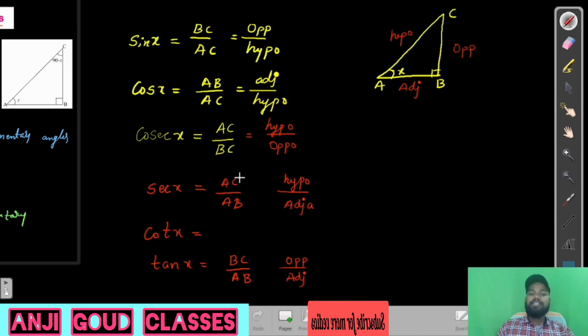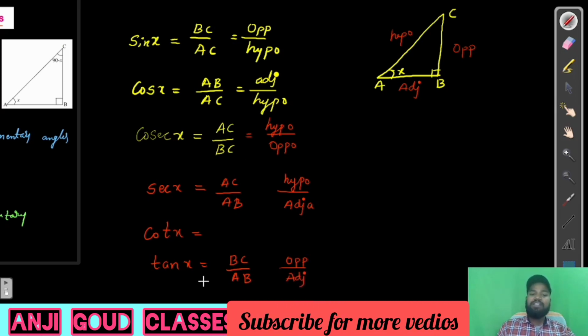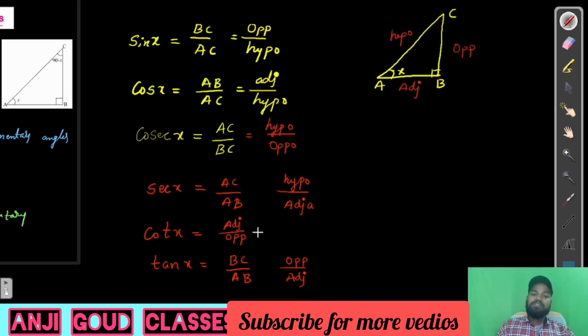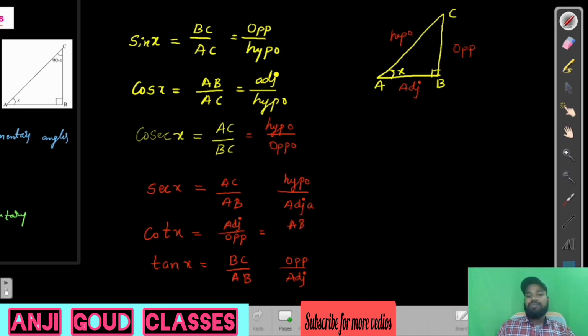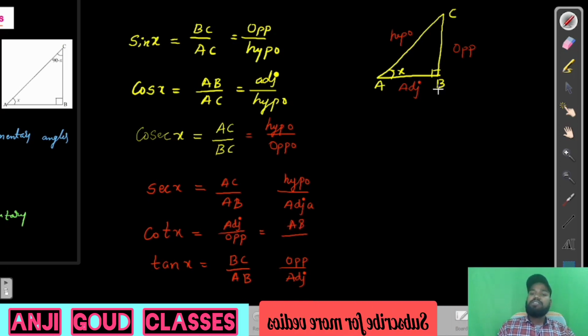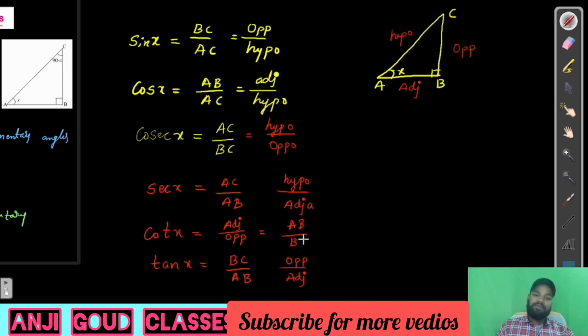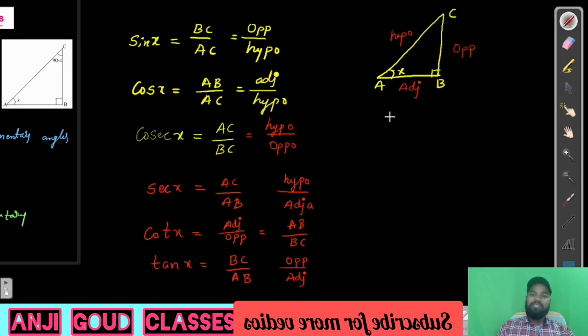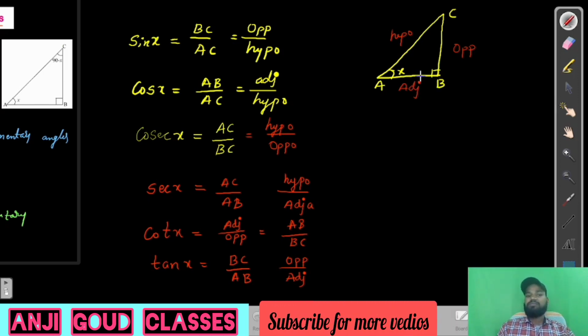Then what is cot x? Cot x is the reverse of tan x, that is adjacent by opposite. Adjacent is AB and opposite is BC. Am I clear?